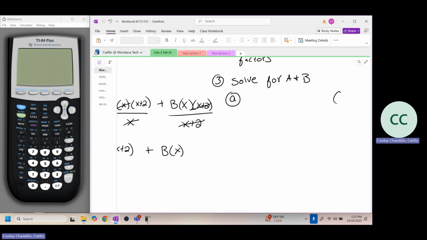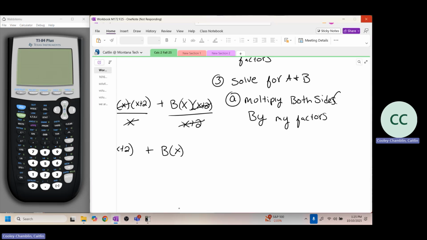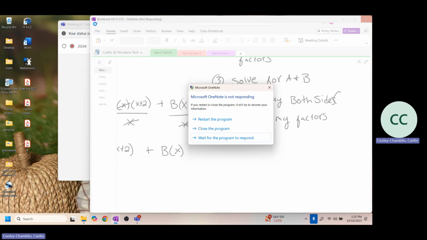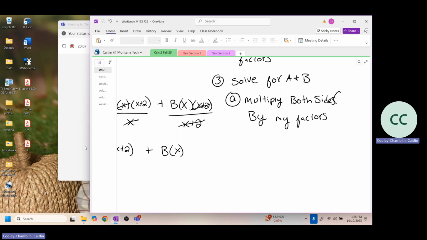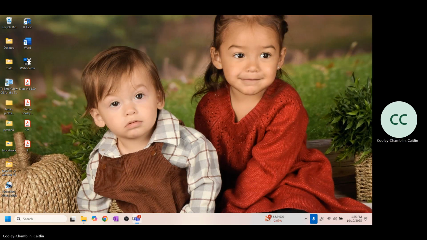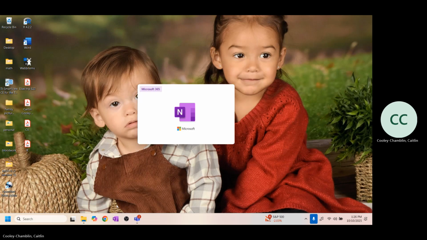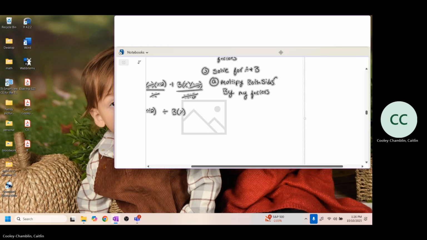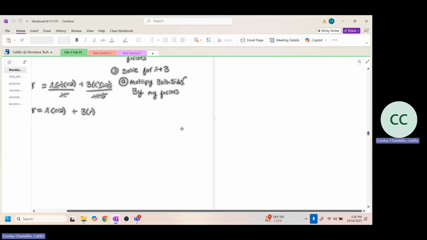is I multiply both sides by my factors. Okay. I'm going to close this down and reopen it. Let's see if that helps. All right.